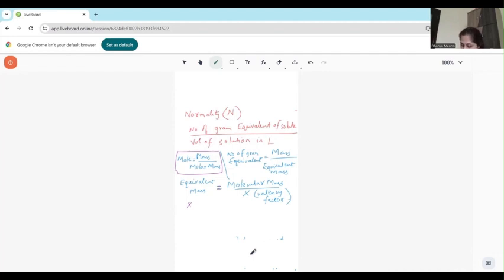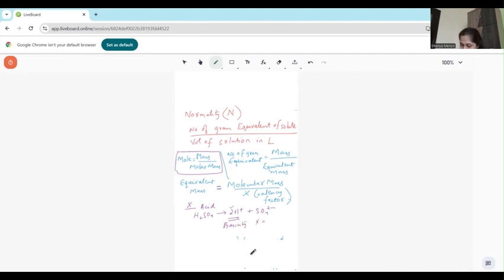If I'm talking about sulfuric acid, it will dissociate to give you H plus ions and sulfate ions. The amount of H plus ions given off by the acid is called basicity. In case of sulfuric acid, what is X? How many hydrogen ions are there? Here, X is equal to 2.